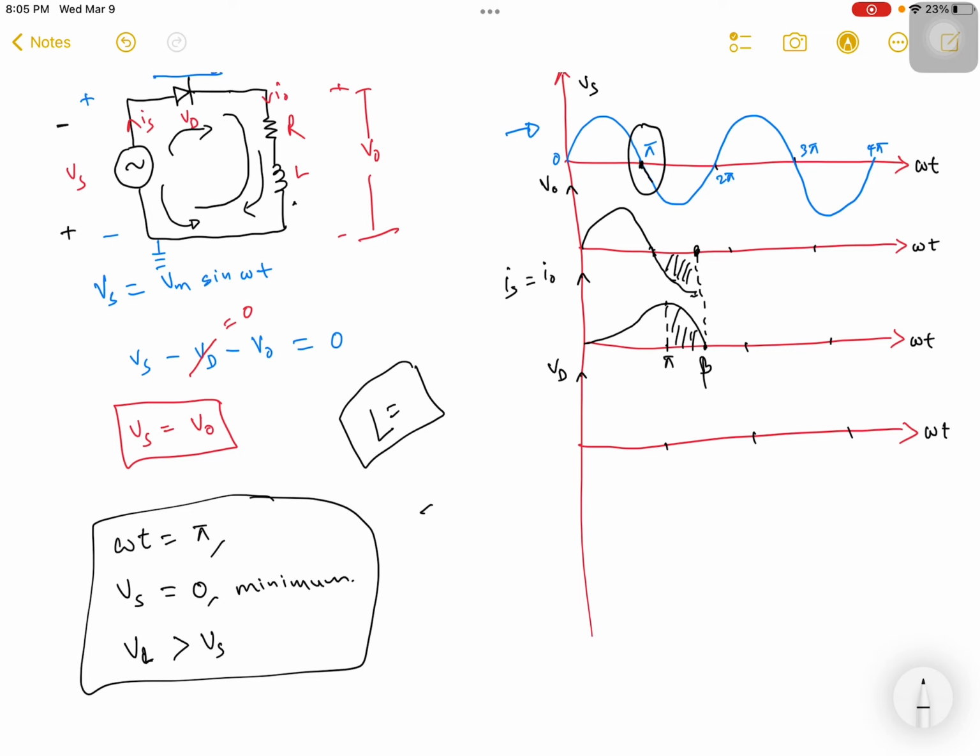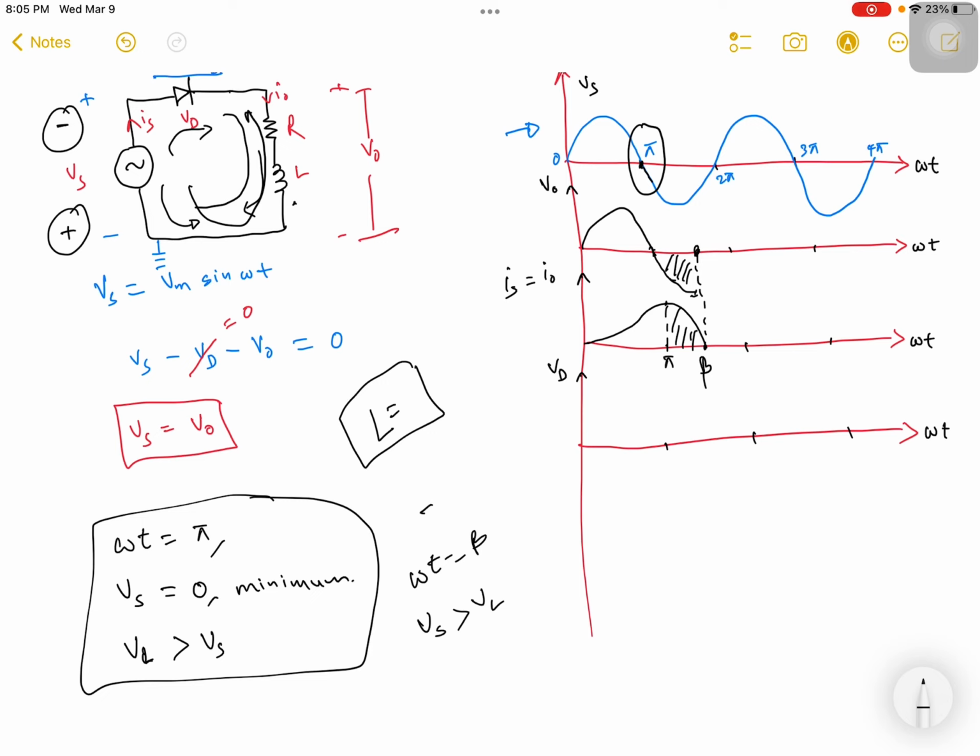Now from here we can expect that when omega t is equal to beta, our Vs will be greater than the inductor voltage. During that time this condition takes place, and it will try to drive the current in the anti-clockwise direction.